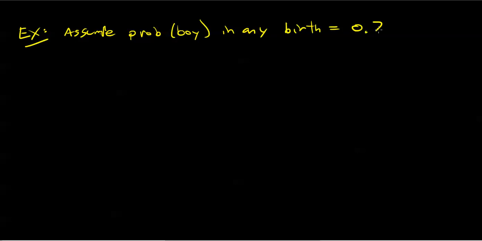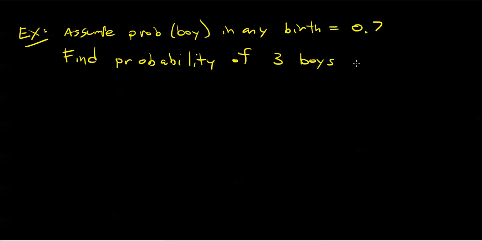Of course, that's not what we would experience in real life, but for the purposes of clarity in this example, we're going to make that assumption. And I'm going to ask you to find the probability of 3 boys in 5 births.